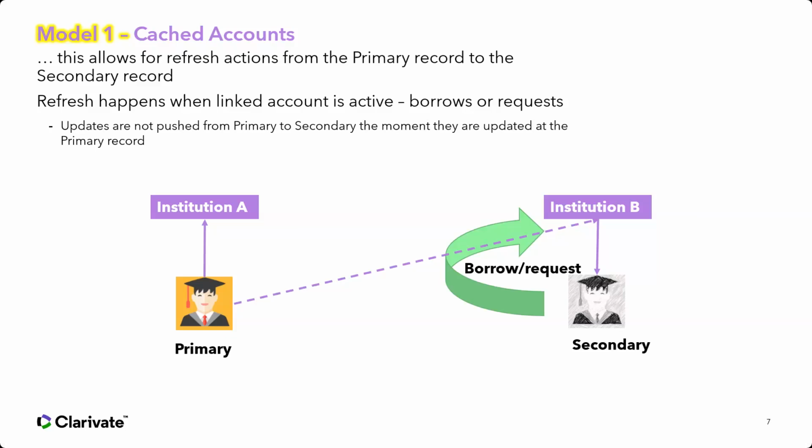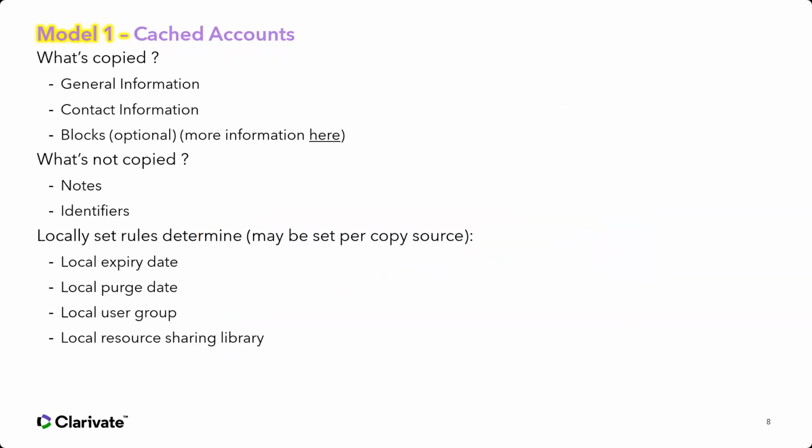Okay, so that's about the general layout, how these accounts are managed and how the refreshes happen. A few words about the data that is actually shared in this model. As far as the user information that is copied from A to B, it is basically the general information. So all of the information that is in the user form in the general tab, that includes information like name, of course, of the patron.